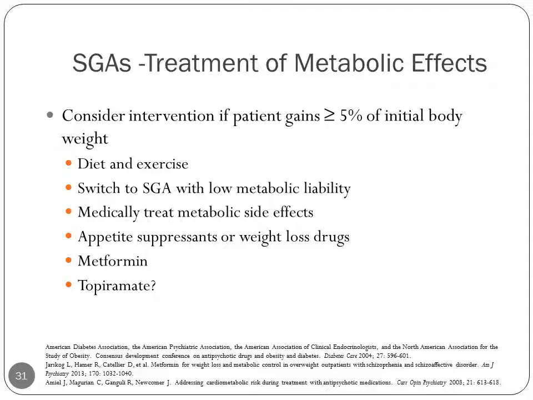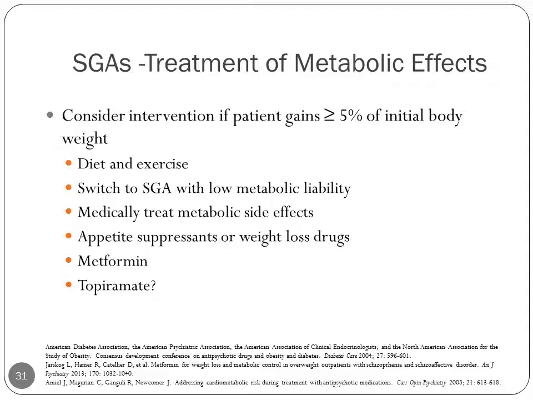You can also switch to a second generation antipsychotic with low metabolic liability. Unfortunately, I often find that psychiatrists aren't able to switch the patient to one of these agents because they've either tried it and failed it, or they've been stable for a long time on their current antipsychotic and they're not really willing to risk compromising their mental health.